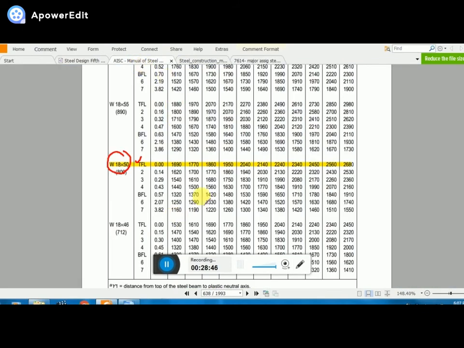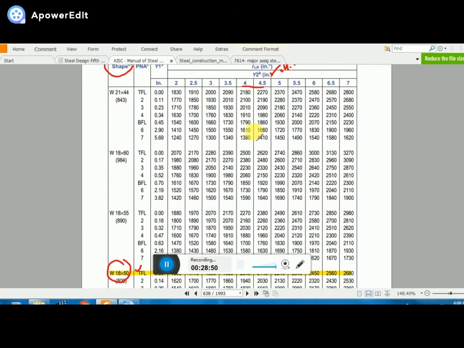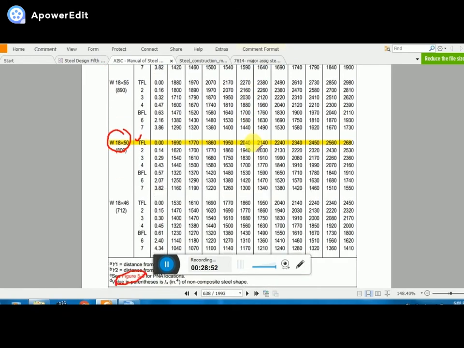Scrolling down, our value is in between these two values, 2040 and 2140. We have to determine the value for 4.1 by interpolation, and I think you all know about interpolation. Interpolation is nothing but drawing an inclined line.